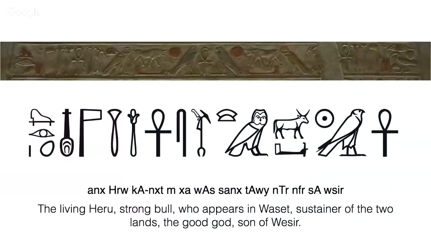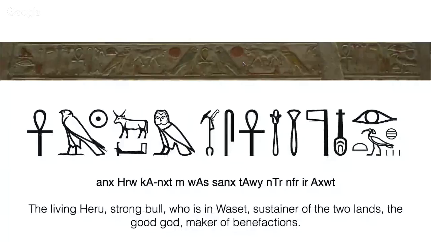It's a fancy way of saying to sustain something. To cause something to live perpetually means to sustain it. And then we have the symbols for Tawi, and then Necher Nefer Sa Wasir, which is the son of Wasir. But now I just want you to remember what these glyphs look like. Just take a mental snapshot of that. We're going to the next.